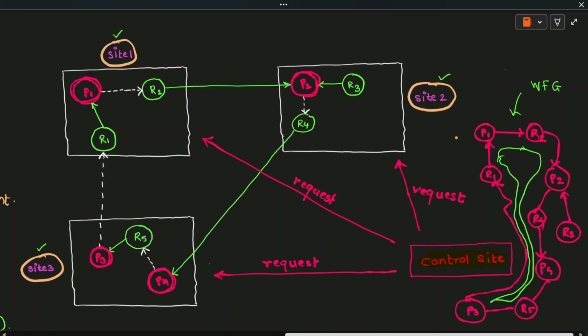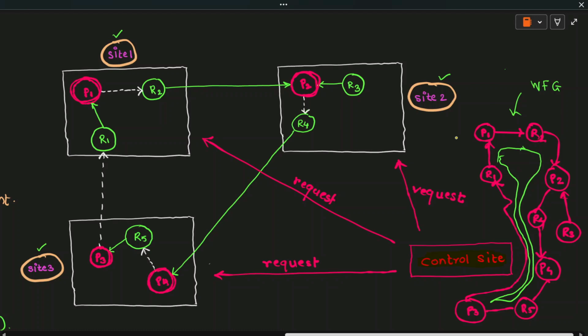So let us summarize. In the Ho-Ramamoorthy two-phase algorithm, first of all, the control site sends request messages to the local sites and collects the status information from them. On the basis of the information received from the local sites, the control site constructs the wait-for graph.